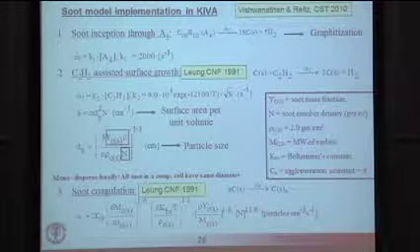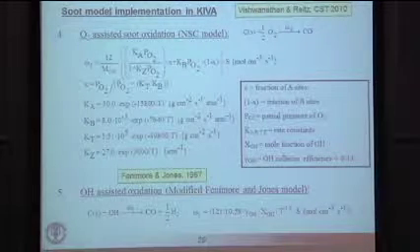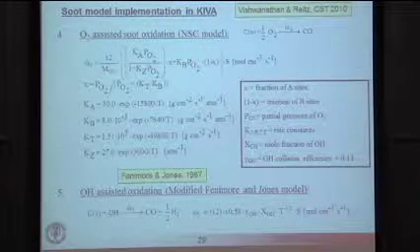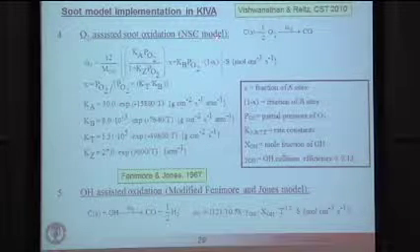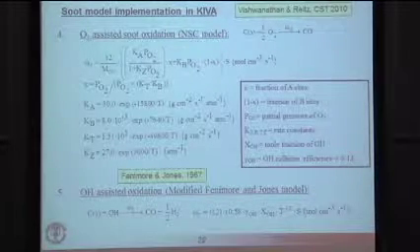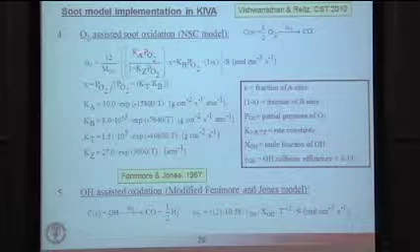We have data from Liang that we use for that model. We'll have the O2-assisted surface oxidation, or soot oxidation. This is the NSC model that I spoke of before, the Nagel-Strickman-Constable model. Here are the rate coefficients.